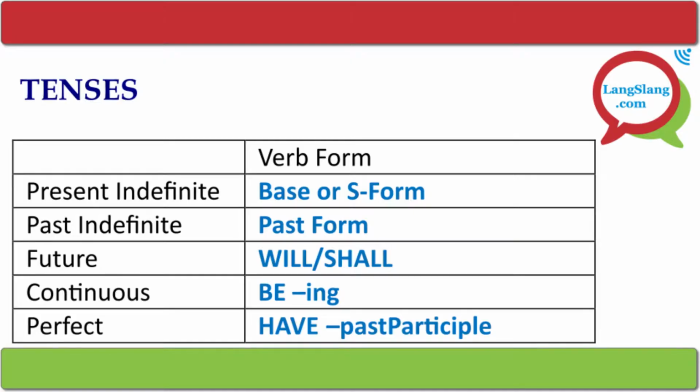Now that we have learned the names of the 6 forms of verb, come back to our lesson tenses. Have a few seconds on this chart again. Now, can you fill out this chart from your memory?